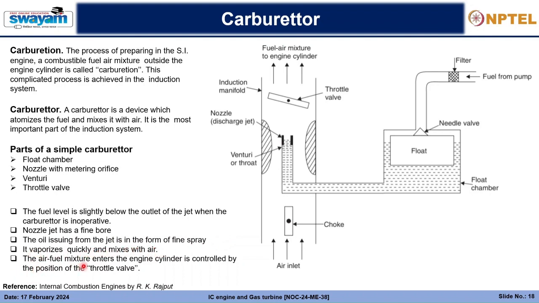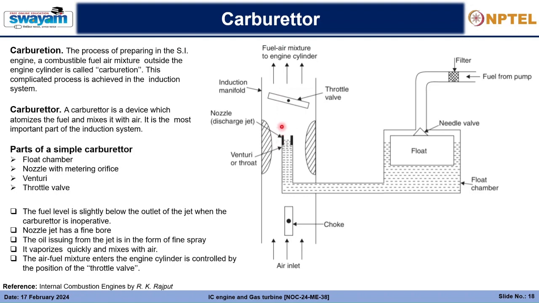The air-fuel mixture enters the engine cylinder and is controlled by the position of the throttle valve. Yes. So the air-fuel mixture, at the downstream of this nozzle. By downstream you mean in the direction of the flow.